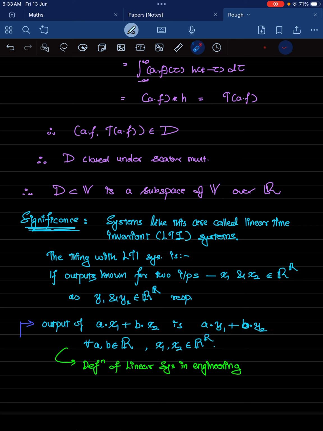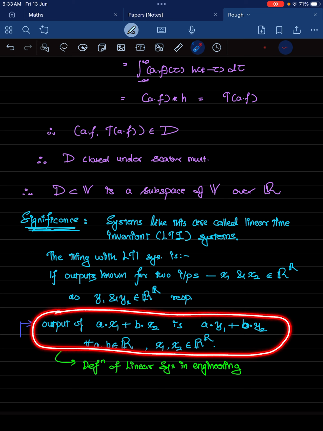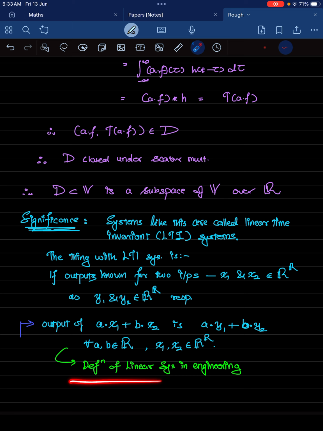That's the speciality of a linear system, a linear time invariant system. And in fact, this thing right over here is actually the definition of a linear system in engineering. If any system with two known input output pairs can work like this, where you take the linear combination of the input and you get the same linear combination of the known outputs, this is the definition of a linear system in engineering.